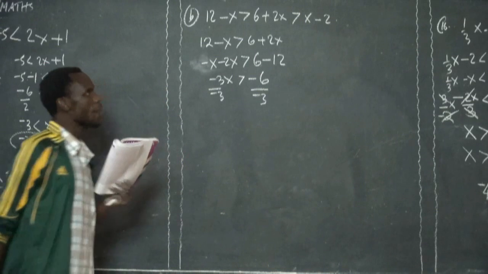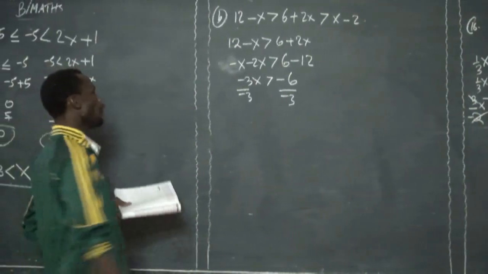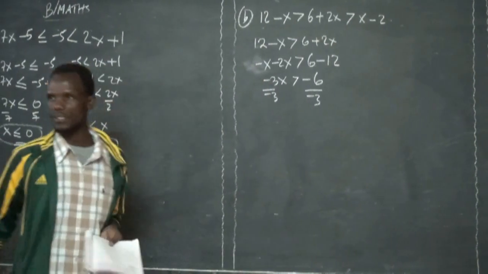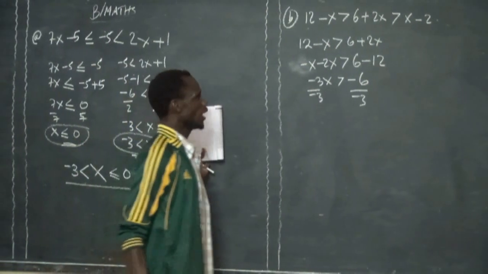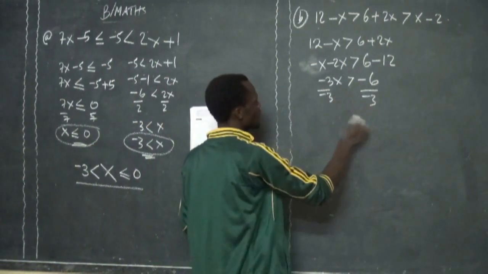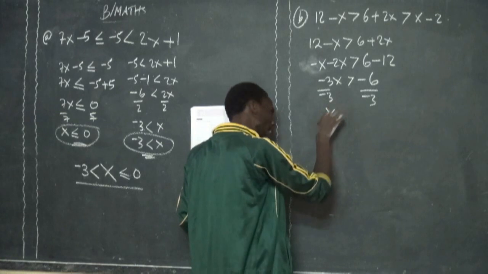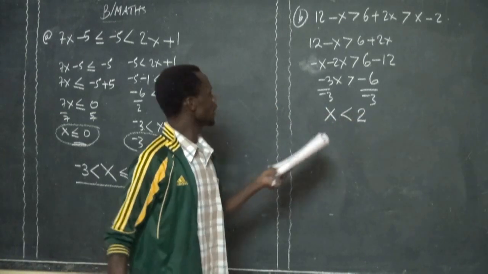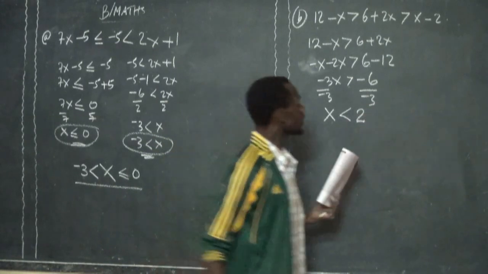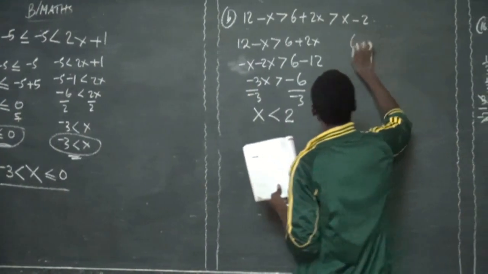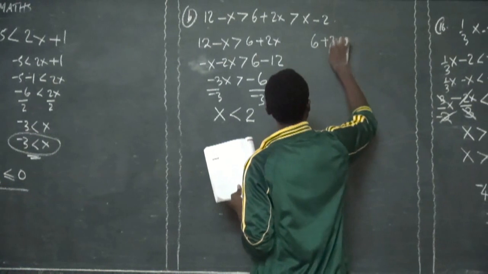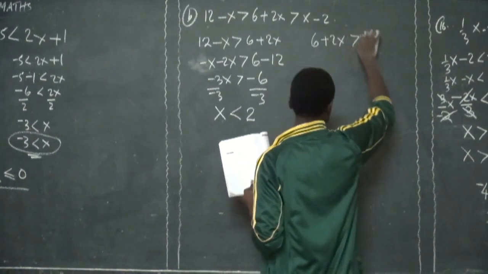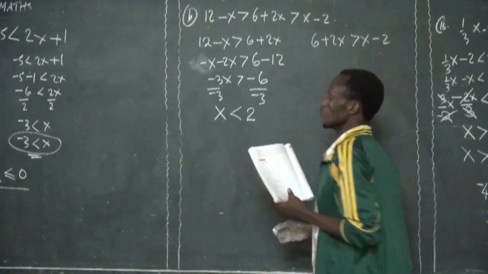But remember something I told you: if we divide by a negative, the sign will change. Now this was greater than, now becomes less than. Now we say x is less than what? 2. Now if x is less than 2, the other side is 6 plus 2x is greater than x minus what? Minus 2.